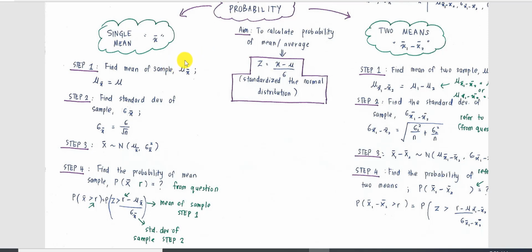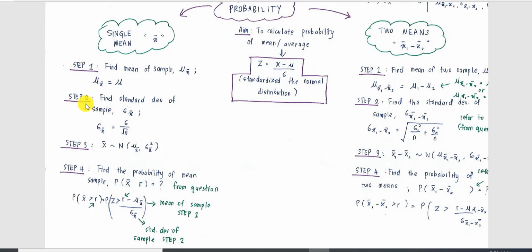What is the notation of the mean of the sample? We have mu x bar, which is the mean of the sample. But this mu is the mean of the population given in the question. And from step 1, the mean of the sample is equal to the mean of the population.